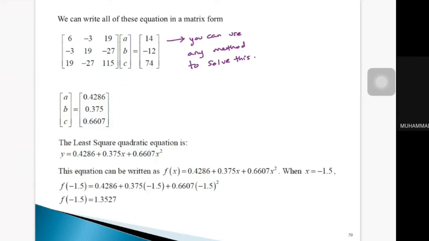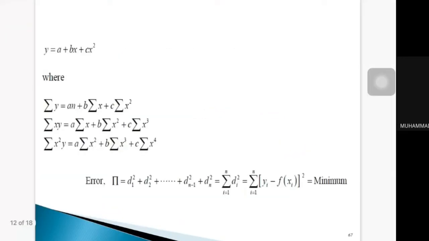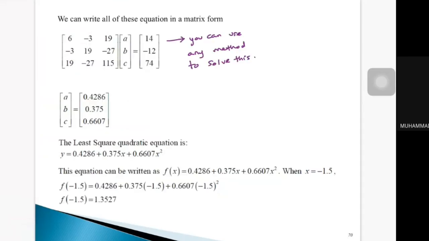So the least squared quadratic equation is, okay, so the formula, here this is the formula, A plus BX plus CX squared. So this is your A, B, C. This equation can be written as f(x) equal to 0.4286 plus 0.375 x plus 0.6607 x squared.